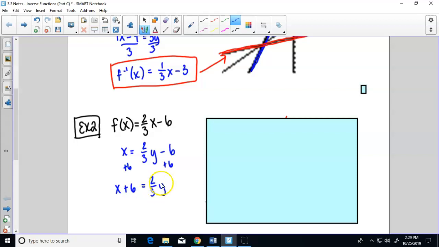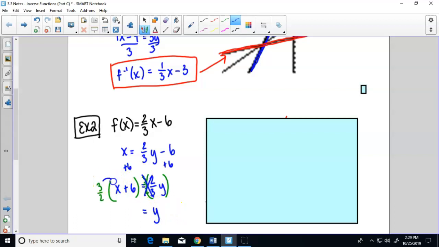Then you need to divide by 2/3, and dividing fractions is as easy as pie: you flip the second and multiply. What I usually do instead is multiply by 3/2 on both sides, because multiplying by the reciprocal is the same as dividing. The 3's cancel and the 2's cancel, so you're just left with the y.